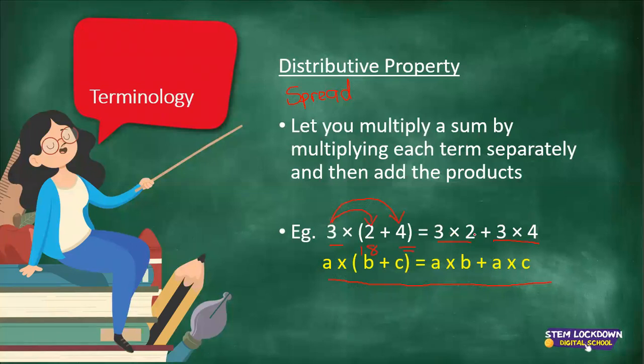So this is 6. 3 times 4. What is 3 times 4? 3 times 4 is 12. Right. So when you add both, you get 18. Okay, that is easy. Let's move on.